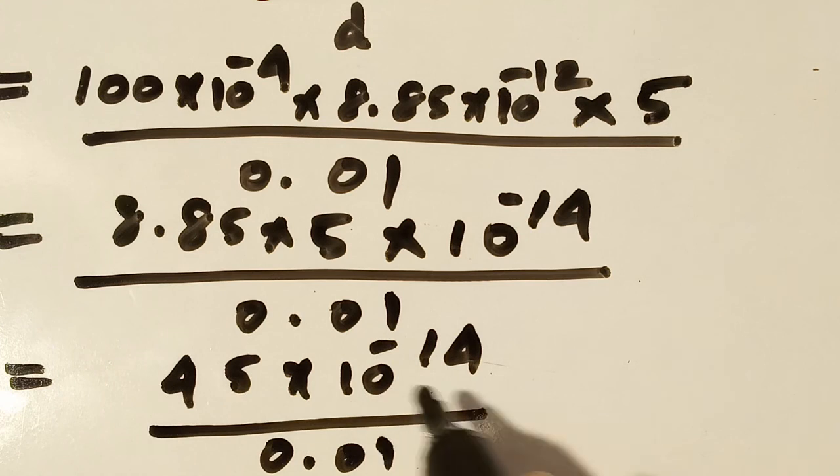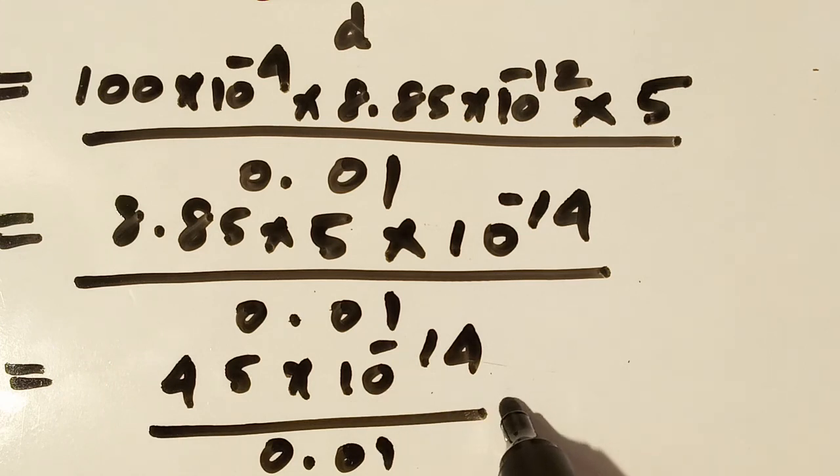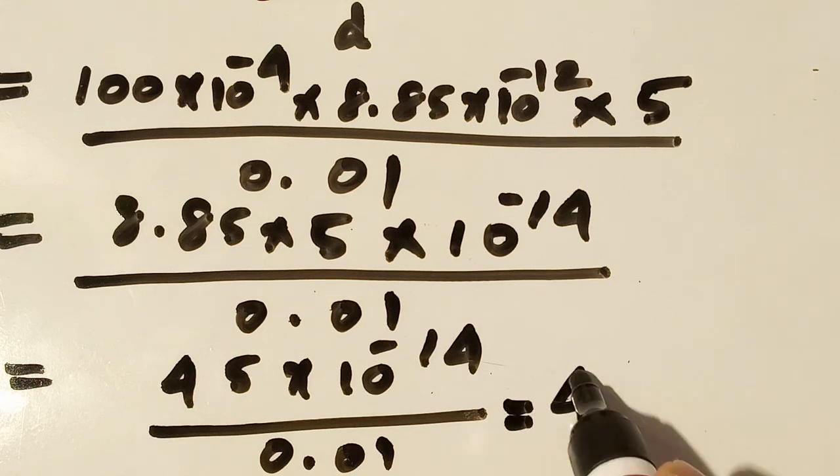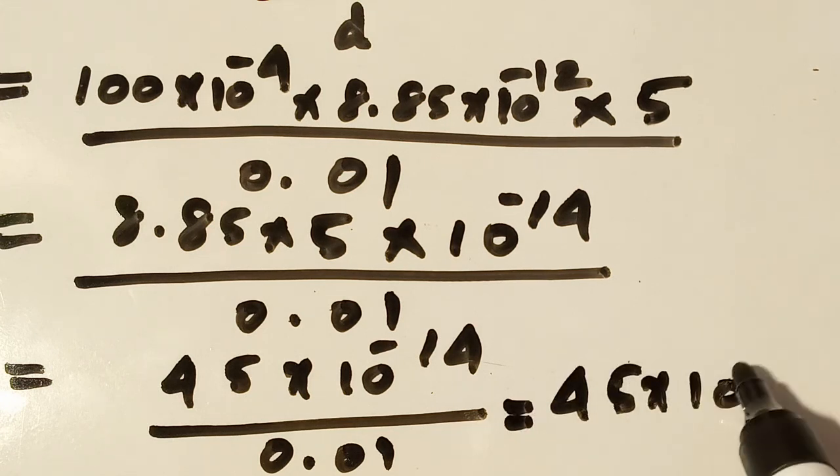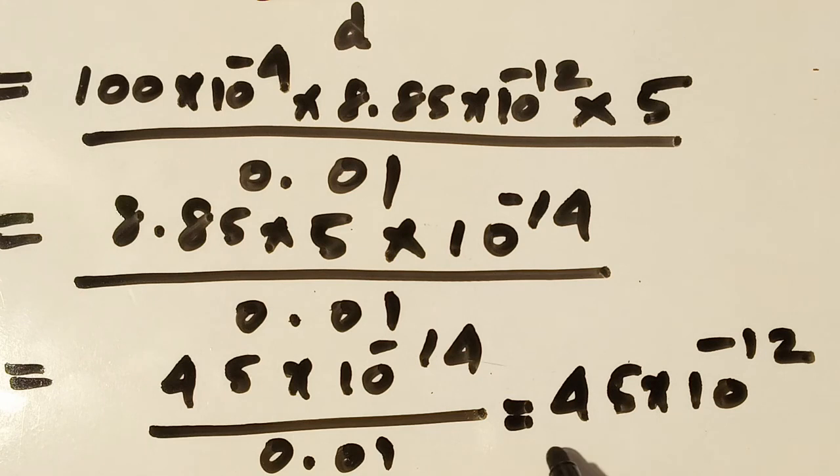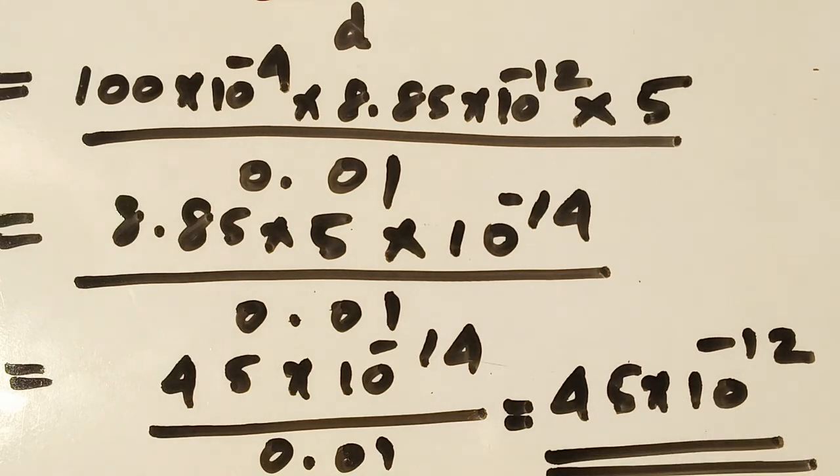If we multiply both sides by 100, we'll get 45 multiplied by 10 to the power minus 12. So we got nearly 45 picofarad, by rounding it off.